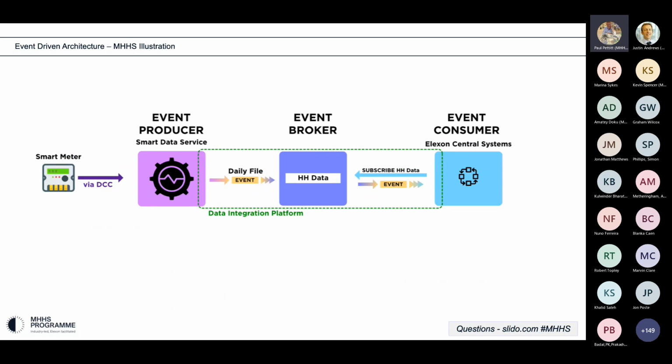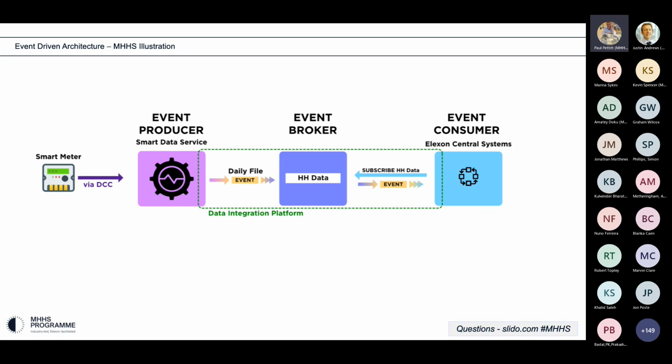What we have here is just an example. We have our smart meter, with that information being collected by the DCC. That generates an event. That event goes to the DIP, and the area highlighted in green is the DIP.